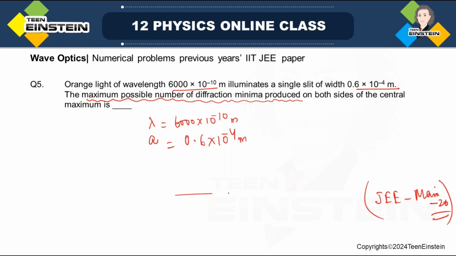So you know this, right? If you remember the diffraction pattern, this is the central one, then the first minima comes, then the secondary maxima, then minima, then maxima, and like that it goes, on either side also.